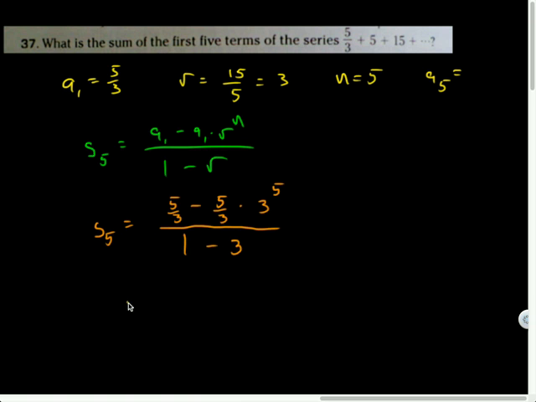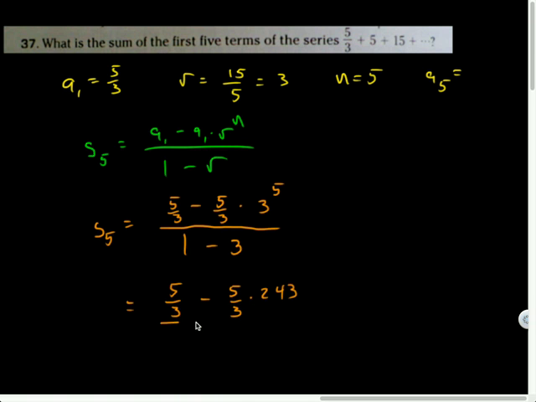There we go. So don't combine those. You got to PEMDAS this. You got to do the exponent. You got to multiply before you subtract. It's super common for people to be like, oh, 0. Nope. 5/3 minus 5/3 times, what is 3 to the 5th? 81 times 3, is it? 243.